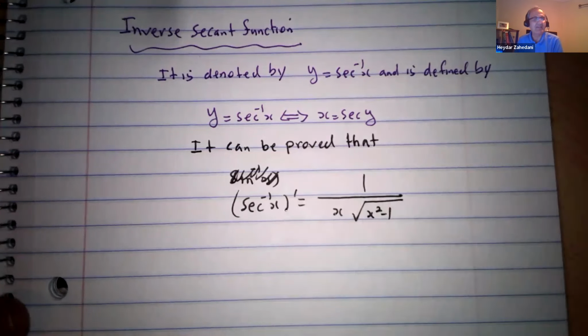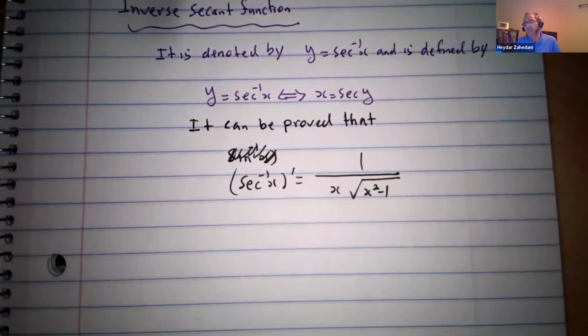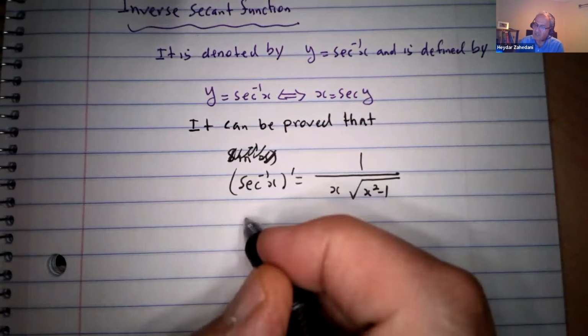It's in fact the absolute value of x, but we assume that x is positive and we use this formula. For the integration, it's going to be complicated and we have some other methods to do it in future. So I just wanted you to know the derivative of this function, nothing else.